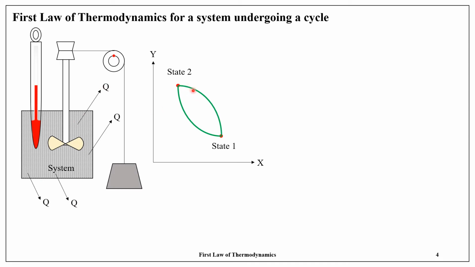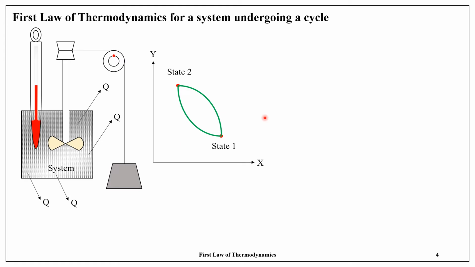So once again, there is a change of state. So once this insulation is removed, heat flows to the surroundings and the state of the system changes again and it reaches state 1, meaning it returns to the initial state, which is nothing but the atmospheric condition.